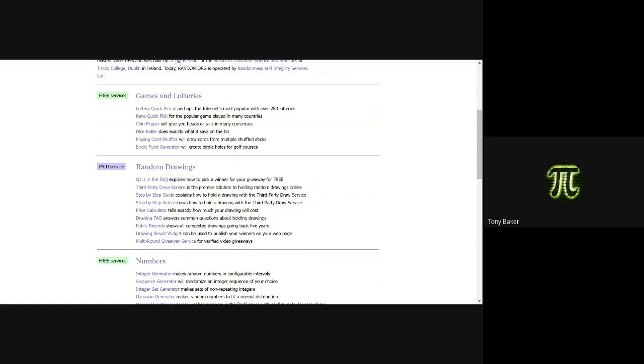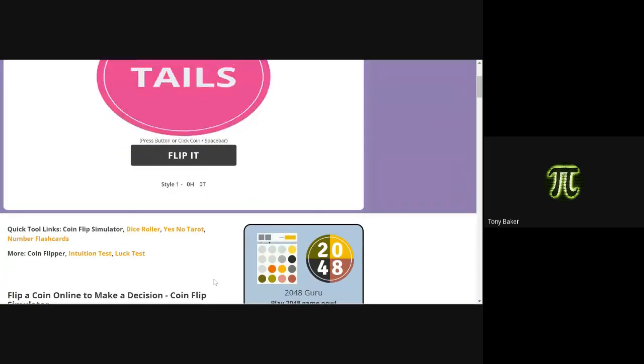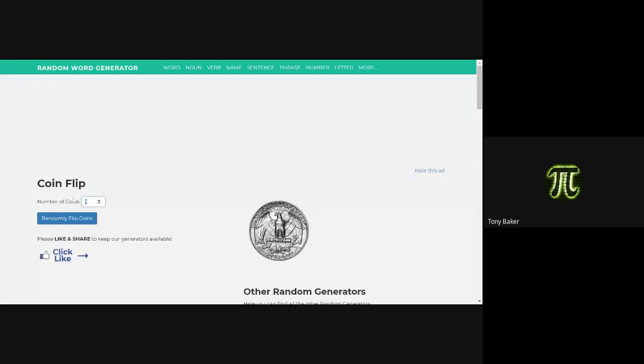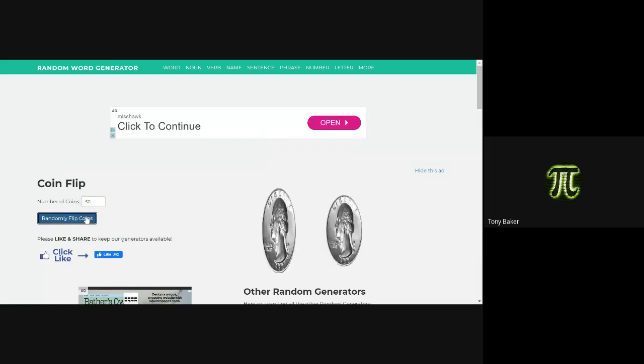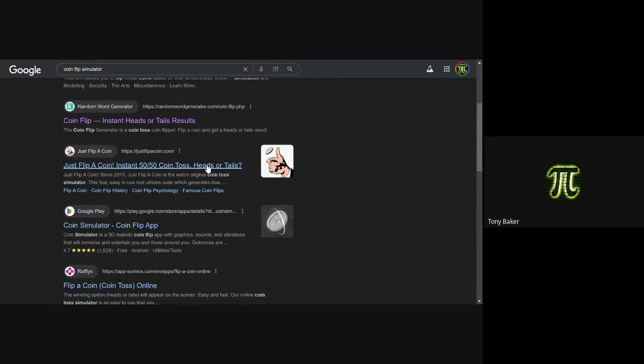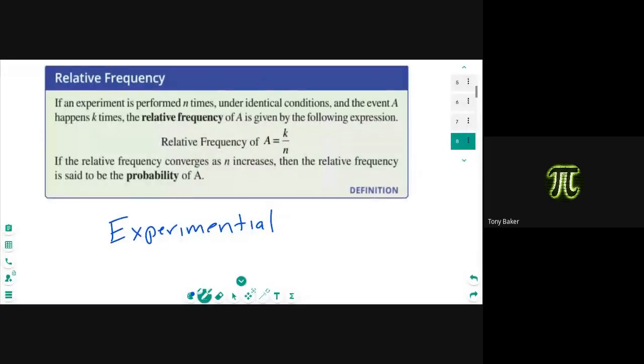Not going to help me. I need the count. You can do like random number. That's what I just did, random.org, and it didn't actually count up how many there was. Well, on Google, you can put random number generator and go between 1 and 2. Oh, I need the count. That's the problem. I want the actual count. Okay, never mind. I'll just make flips up.